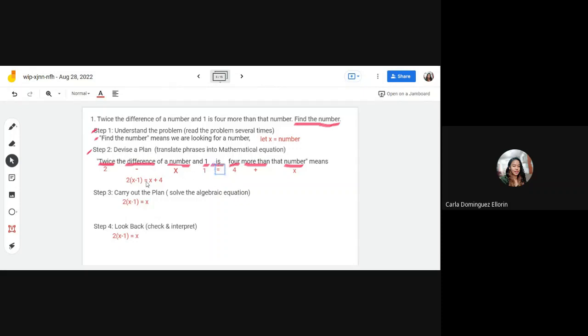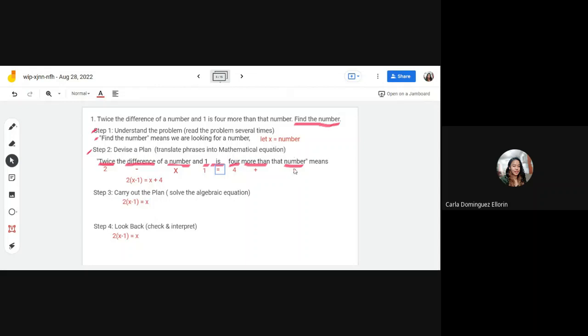So write equals. And then, 4 more than that number. So 4, and the symbol for more than is addition. When you see less than, that is subtraction. That number, we represent again by x.